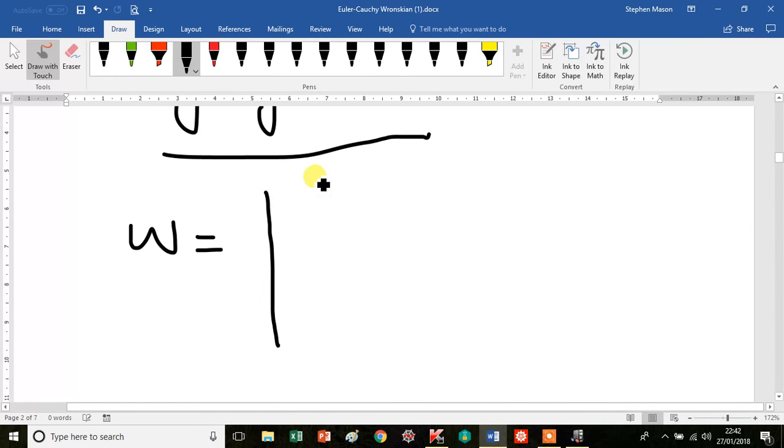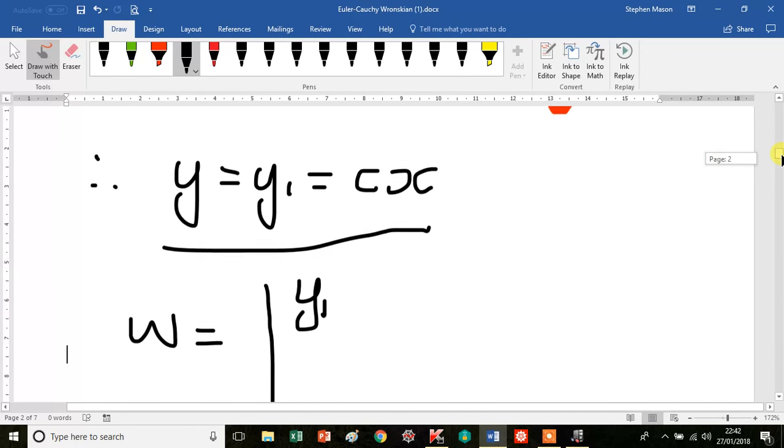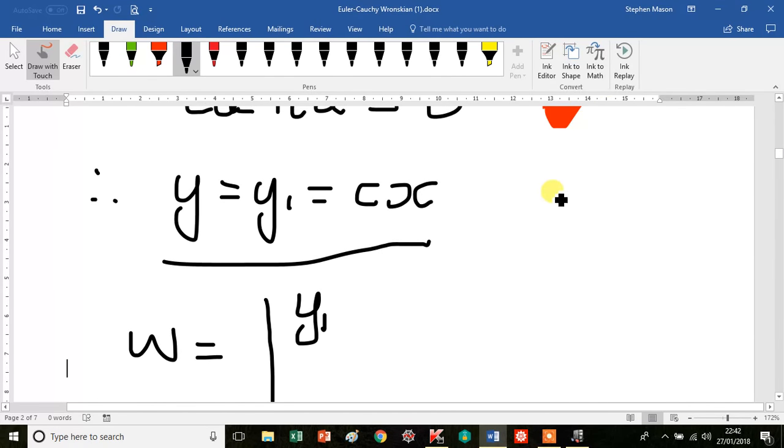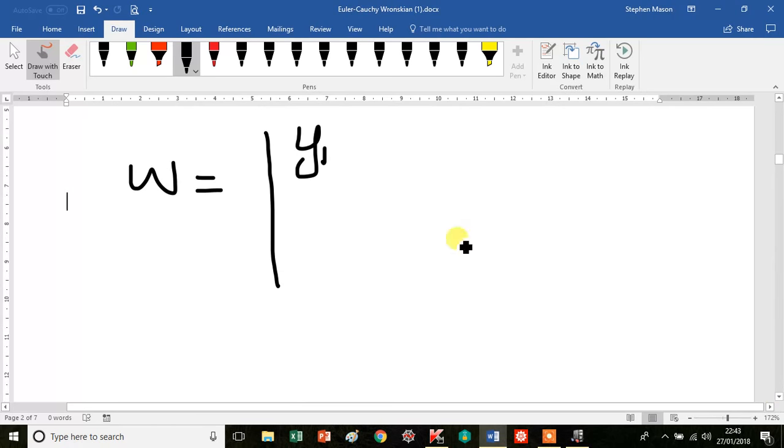So we've got the first entry, y1, that is our first linearly independent solution here. So it's this linearly independent solution, y1, which is cx. But we'll come to that in a moment. And then we've got y2, which we don't know.